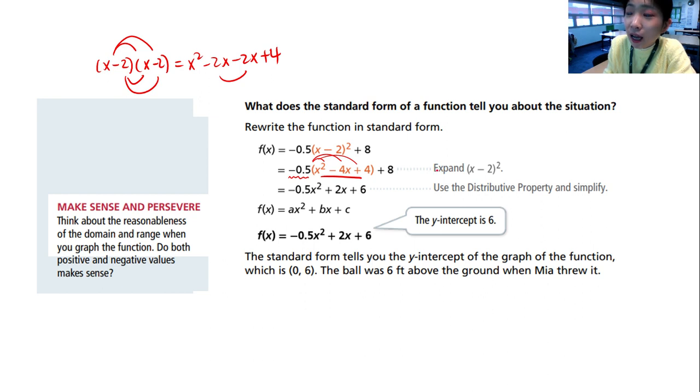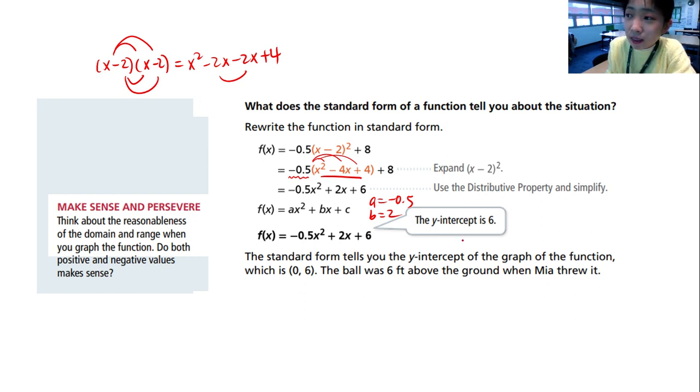And so looking at A and B, our A is negative 0.5, B is positive 2. So looking at that, you can figure out the axis of symmetry as well, but we already figured out the vertex from the vertex form. But just looking at that form, you can figure out the y-intercept right away because C is your y-intercept.